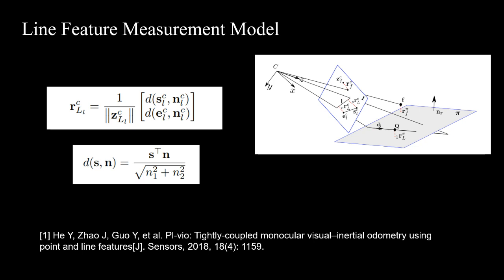If you are interested in 3D line transformation in different coordinates and how to compute the residual and Jacobians, we recommend you read PL-VIO. The setting of the covariance matrix of the line feature residual is the same as for point features. We assume that the endpoints of the line segments are also affected by white Gaussian noise, as with point features.